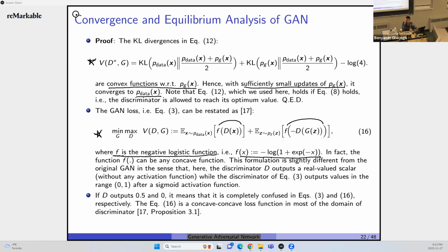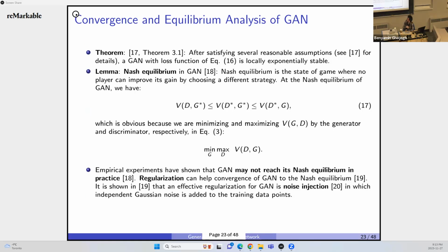Why? Because when I want to maximize f of d of x, it should be equivalent to maximizing d of x, right? So you can put any monotonically increasing function. Anyways, I skipped this proof. I think this doesn't have much to say, but let me go to this slide.